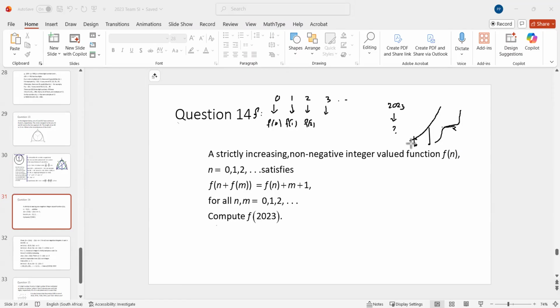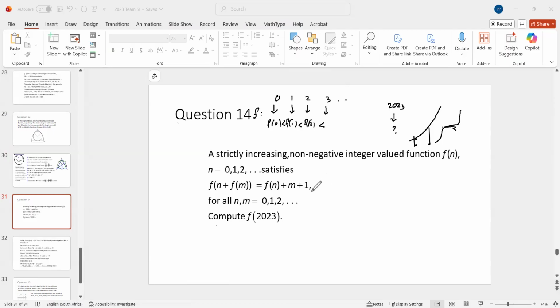So f(0) is less than f(1), is less than f(2), because it's strictly increasing. That's what you mean by an increasing function: as the domain values increase, these values also increase. So this is what is given, and you're asked to calculate f(2023).